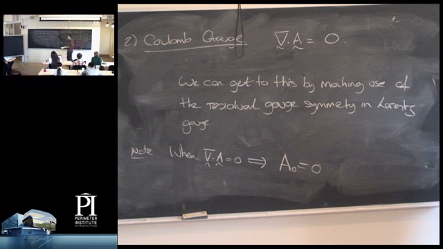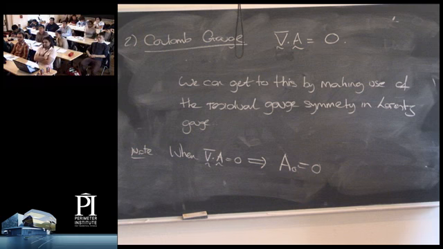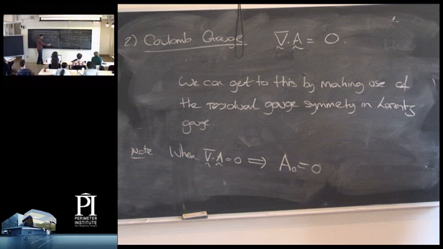There's only one solution, because what you've got left are things that have to obey grad squared lambda equals 0. There are no minus signs coming here. This is really just the Euclidean Laplacian, and that was the minus sign.